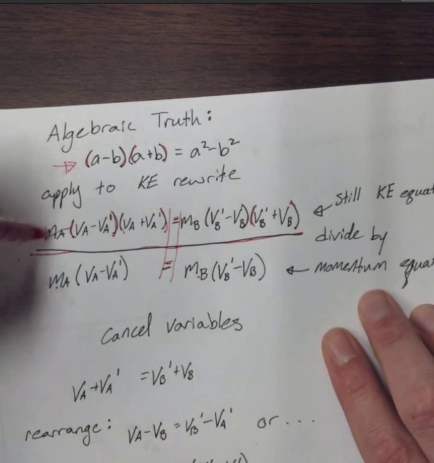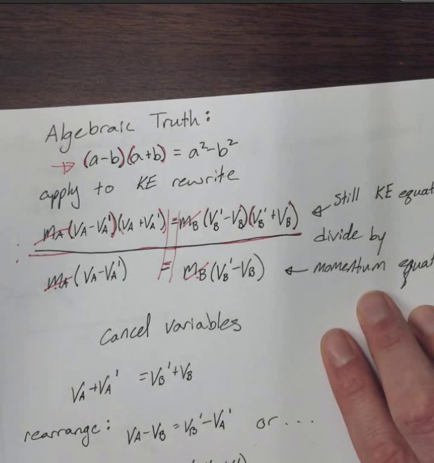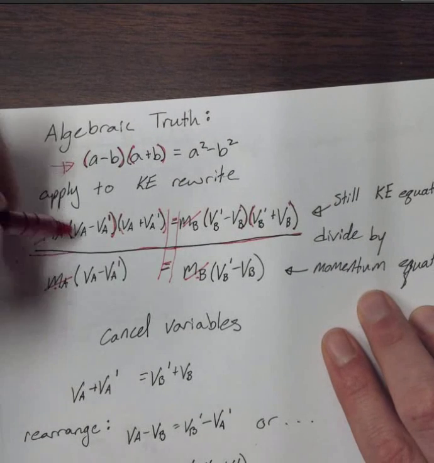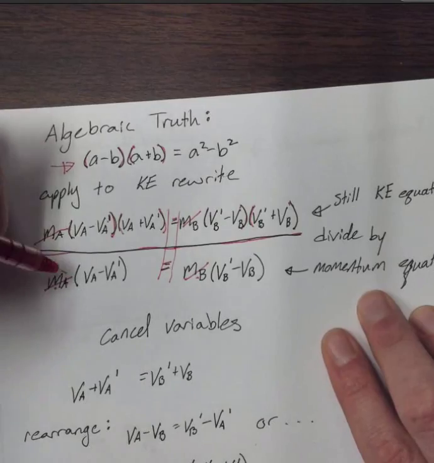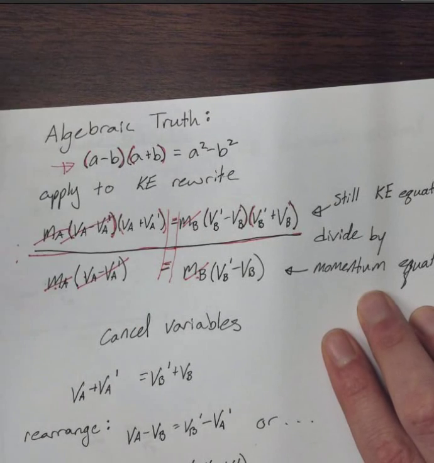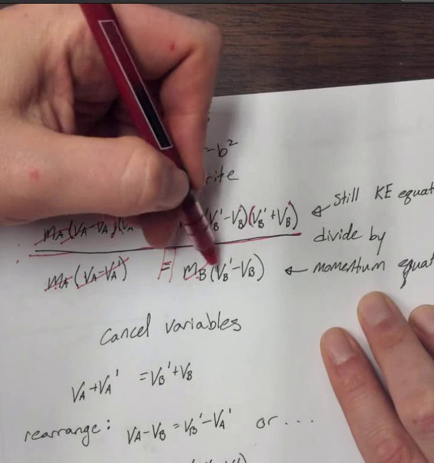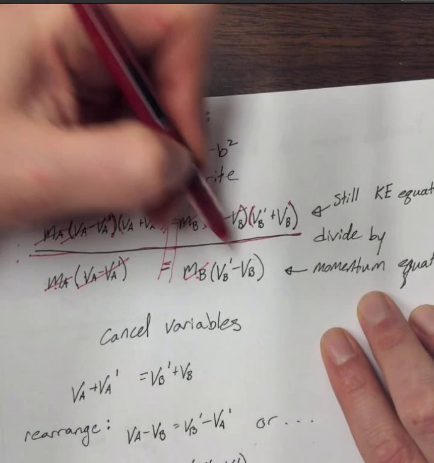So if we're dividing these equations by one another, those values are gone. You also have VA minus VA prime on this side, divided by VA minus VA prime on this side. So those variables are gone. And you get VB prime minus VB here, VB prime minus VB here. So those variables are gone.